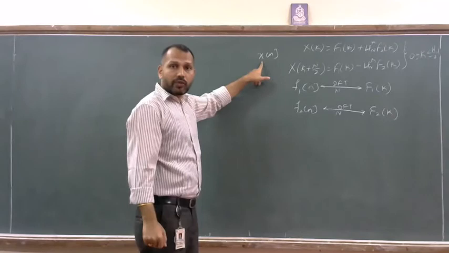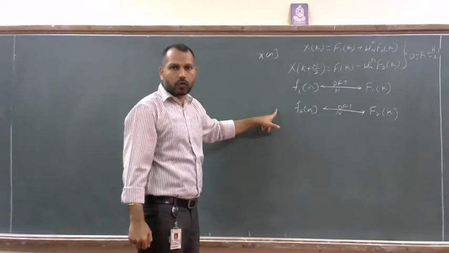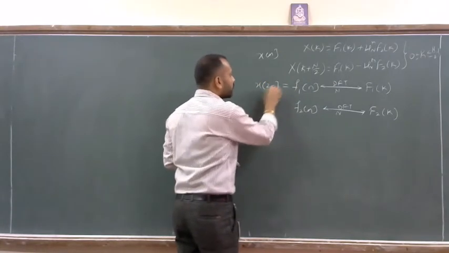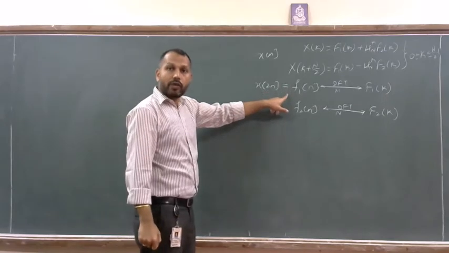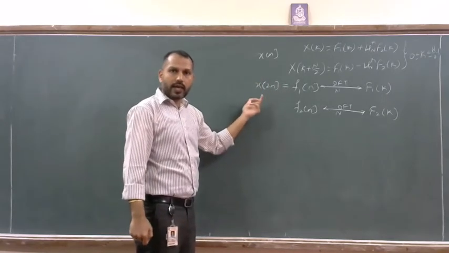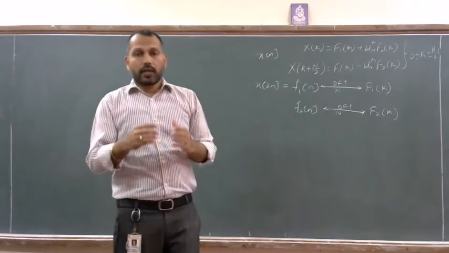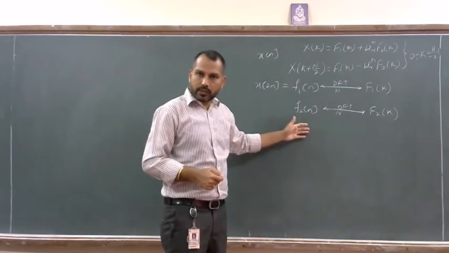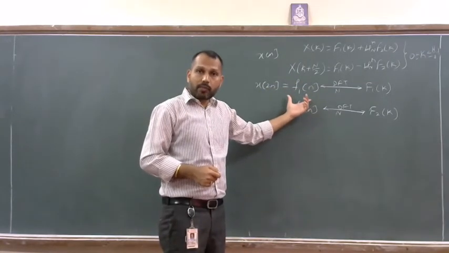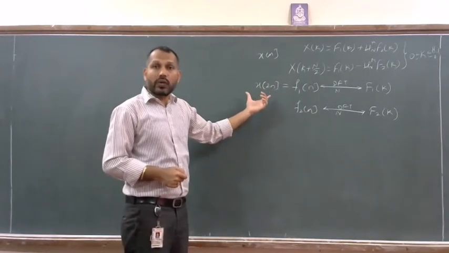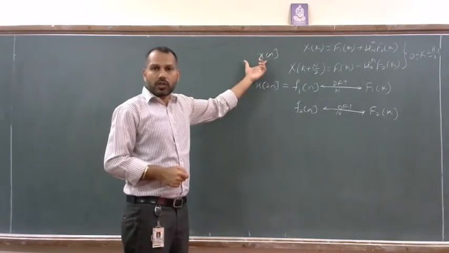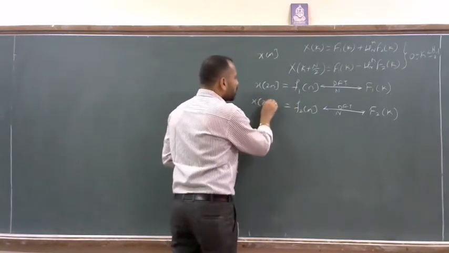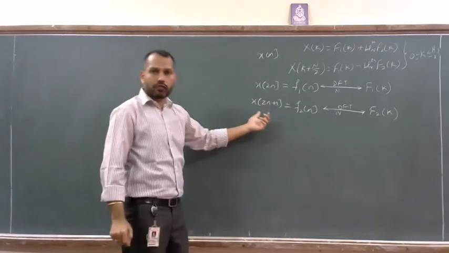Then what is the relation between x of n and F1 of n and F2 of n? F1 of n will contain only the even numbered samples from x of n, defined as x of 2n. The N-point sequence will be divided into two N by 2 point sequences, out of which the first will have only even numbered samples from the original sequence x of n, and F2 of n will contain only odd numbered samples, represented by x of 2n plus 1.